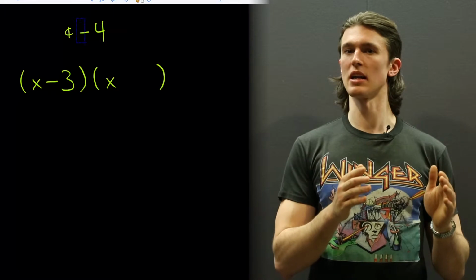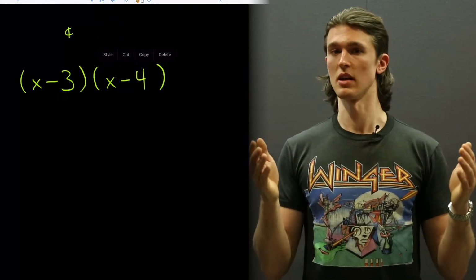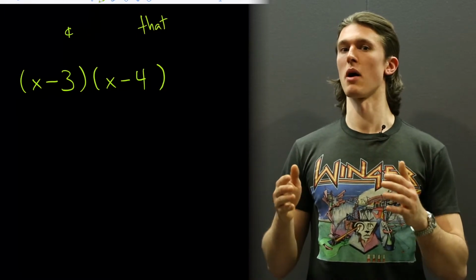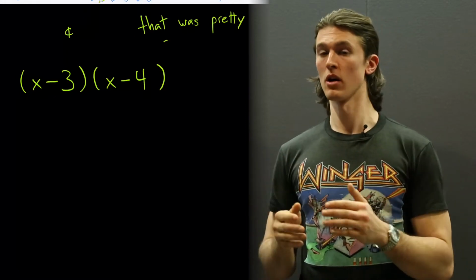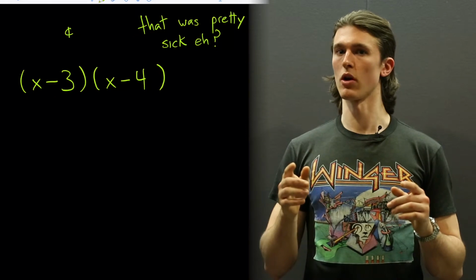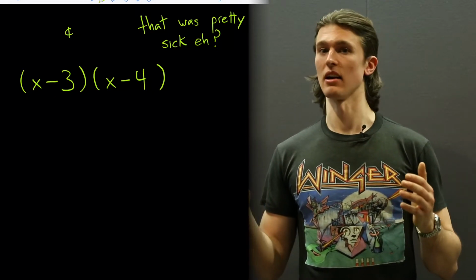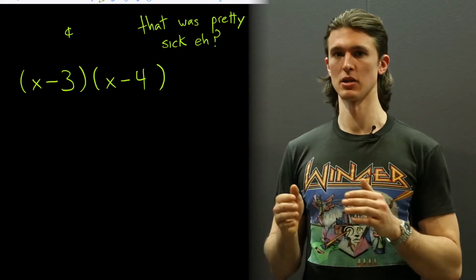So my first bracket is going to be x minus 3, because one of our factors was -3. My second bracket is going to be x minus 4, because my second factor was -4. Don't forget, we figured out that -3 and -4 multiply to 12 and add to -7. So that's why I'm plugging those two numbers into the brackets.